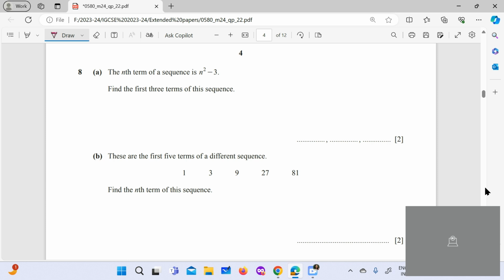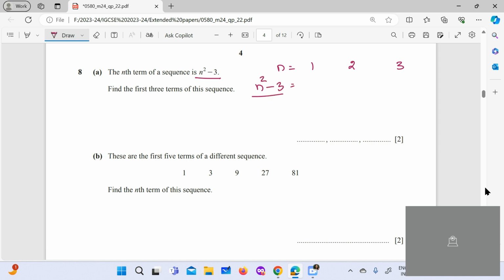Next, the nth term of a sequence is n squared minus 3. Find the first three terms of this sequence. So you know very well, n represents the position. So you have to write the first three terms, meaning when n is 1, when n is 2, and when n is 3. So what will be your terms? n squared minus 3 is your nth term rule.